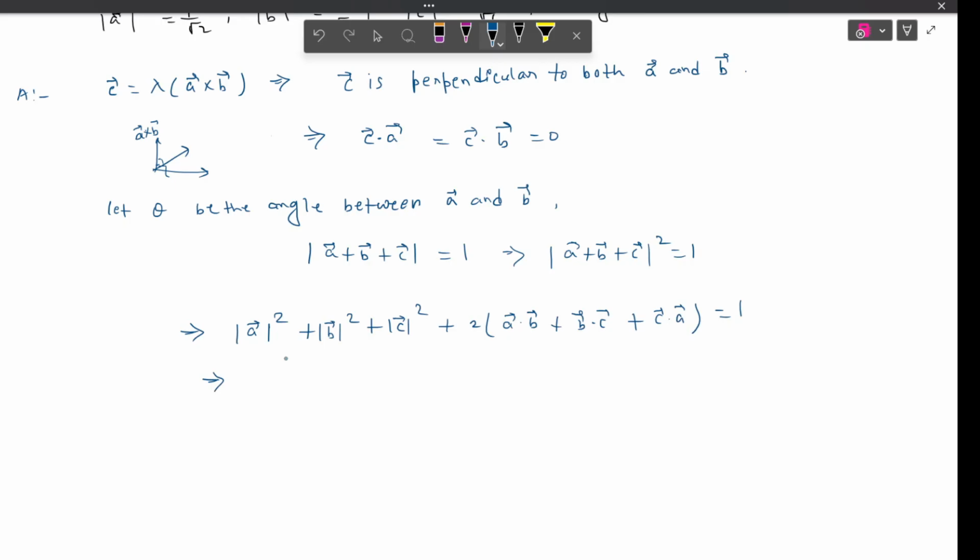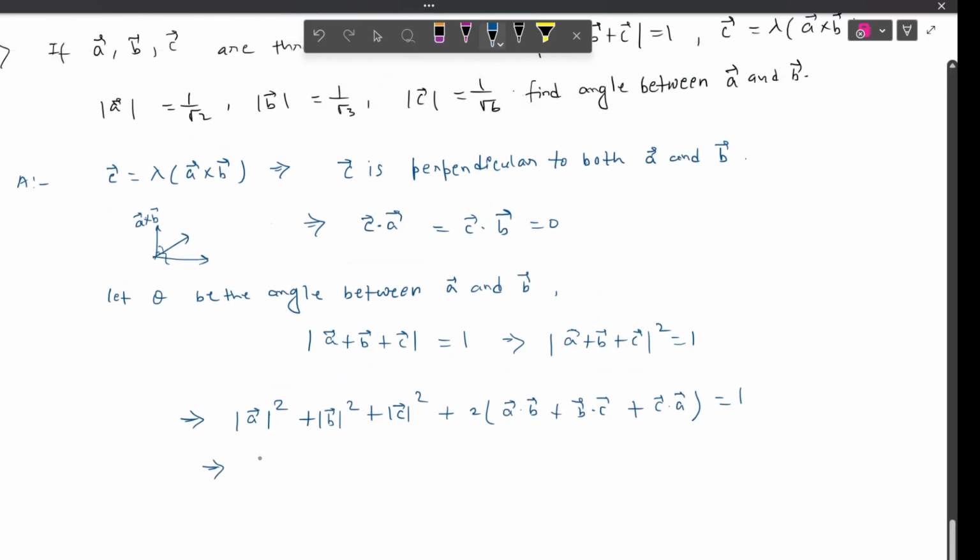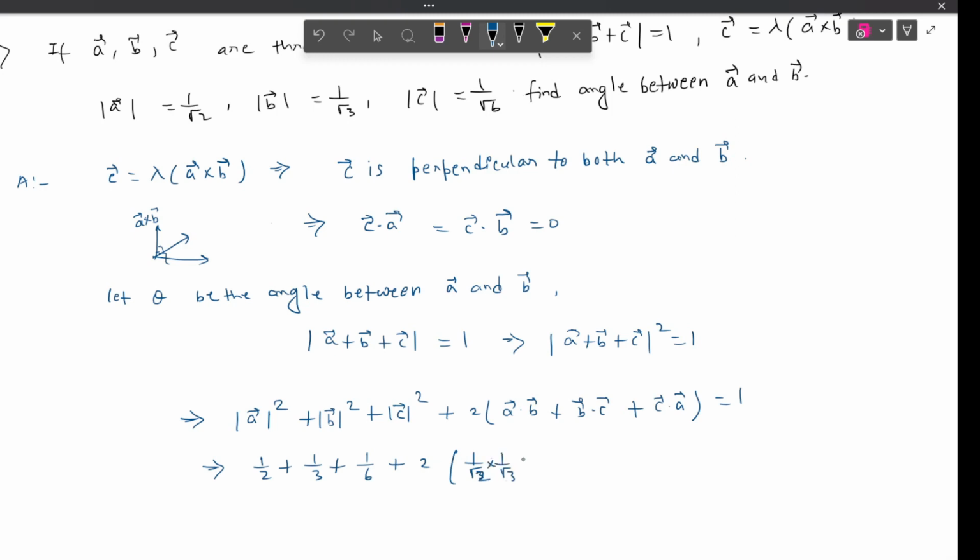Modulus of A is given 1 by root 2, so this would be 1 by 2. Modulus of B is 1 by root 3, that is 1 by 3. Modulus of C is 1 by root 6, that is 1 by 6. Plus twice, A dot B is mod A mod B cos theta, so you can write it as 1 by root 2 into 1 by root 3, mod A mod B cos of angle between them. What is B dot C?